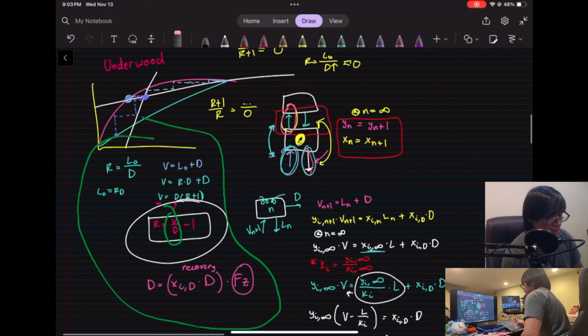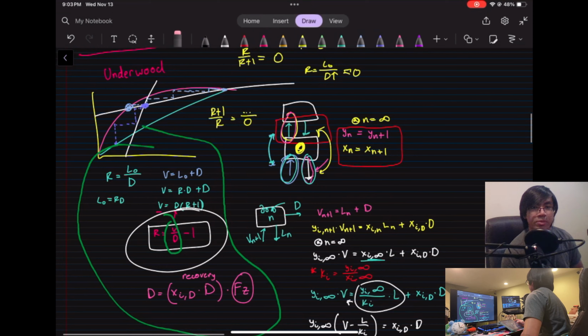At infinite stages, we found that passing streams between stages are not changing that much. And that was the whole point there.